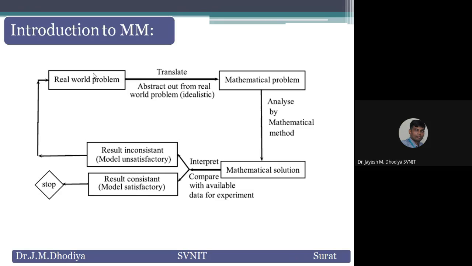Then there are multiple ways to reach Delhi from Surat. But suppose there is only one way, and that one way we have to adopt. Then this is not a problem. This is just a situation, and that situation we will have to handle.